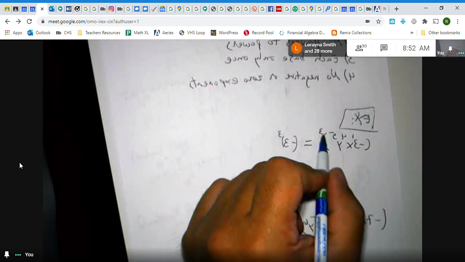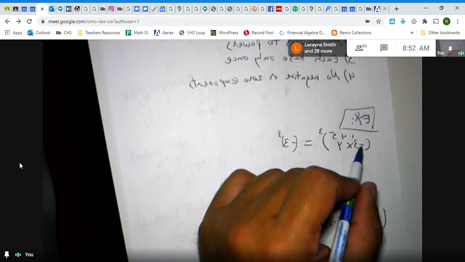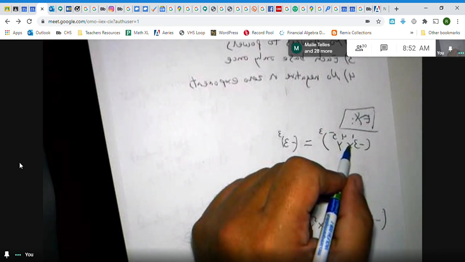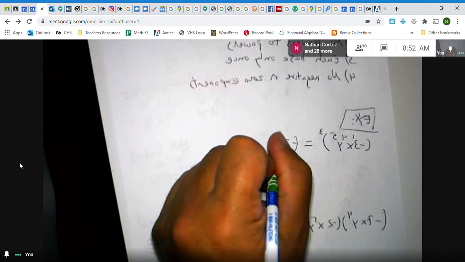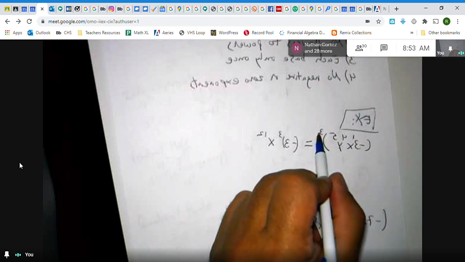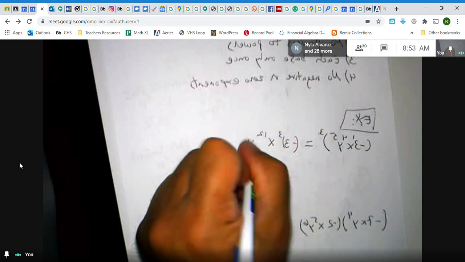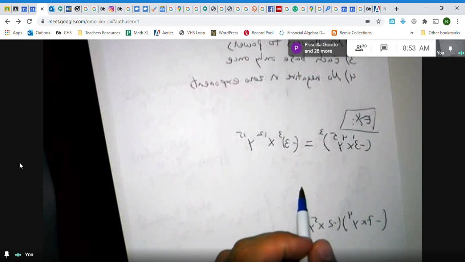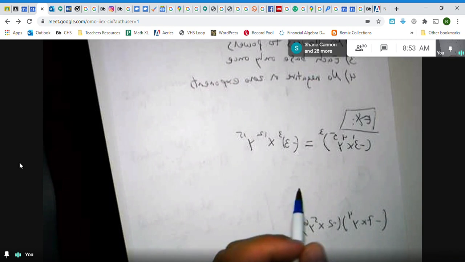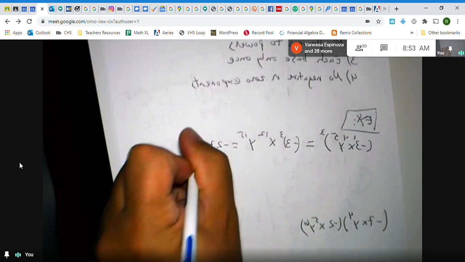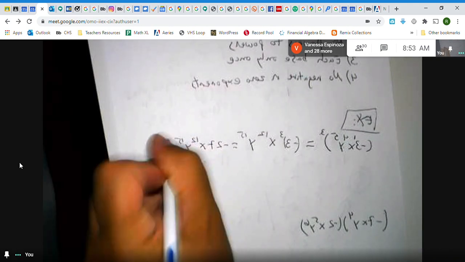Because if this were a 2, we need to put the whole thing to the second power, and it's going to become positive. Here, x to the 4th to the 3rd means x to the 12th. y to the 5th to the 3rd distributes the 3: y to the 15th. And now you do negative 3 to the 3rd in your head or on your calculator. Negative 3 times negative 3 is 9. Times negative 3 is negative 27. x to the 12th, y to the 15th.